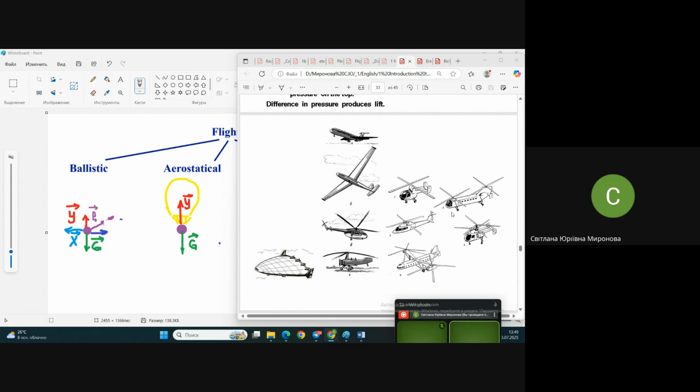Mostly we understand it as helicopters of different rotor schemes. The positions and the amount of rotors may be different, but there are also so-called hybrid aircraft. One of them is the autogyre. The typical autogyre we see here is something intermediate between the airplane and the helicopter.